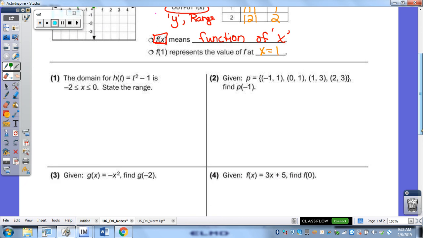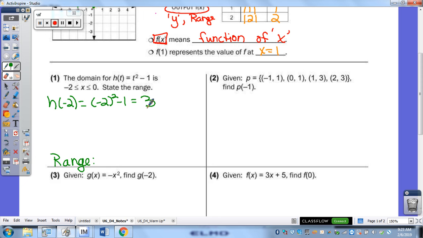So they want us to state the range, given that the domain for h of t equals t squared minus 1 is -2 to 0. In order to find the range, I'm going to first plug -2 into my function, because that's my leftmost value of my domain. So -2 squared, what does that give us? 4, good job. 4 minus 1 gives me 3.